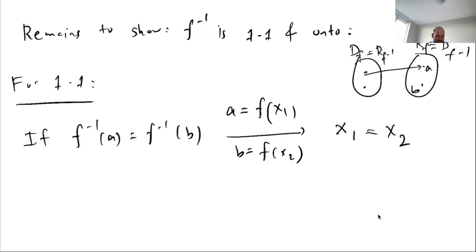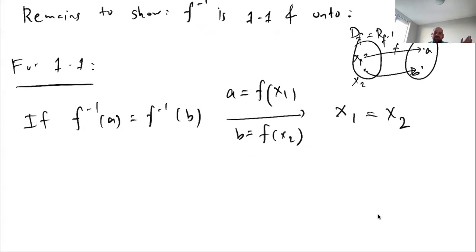F of x1 is A, F of x2 is B. F inverse of A is x1, F inverse of B is x2.